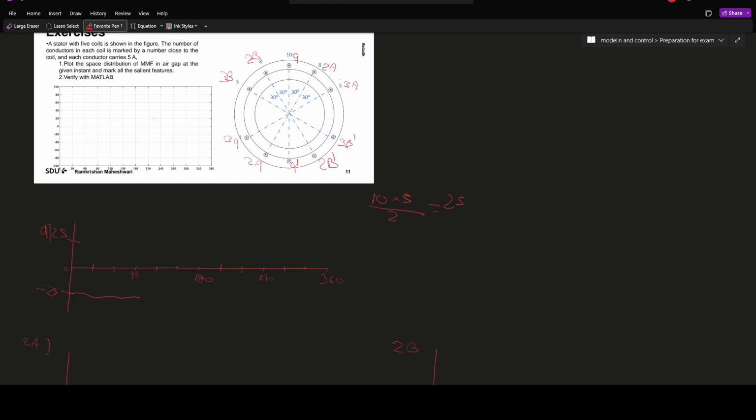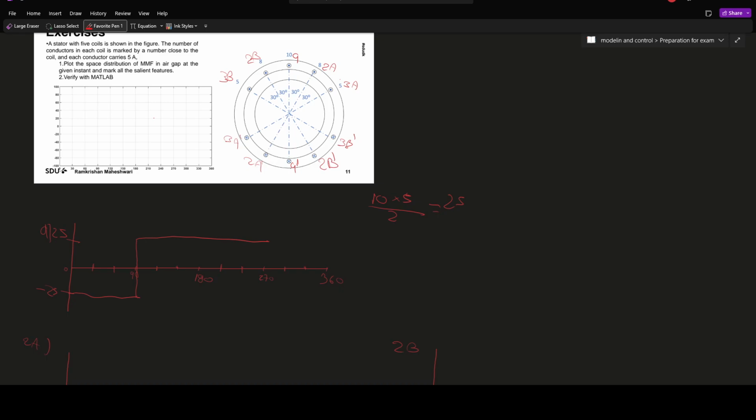And now we see that from 90 degrees to 270, the flux is going into the rotor. So we are gonna say that the MMF is positive. Okay.